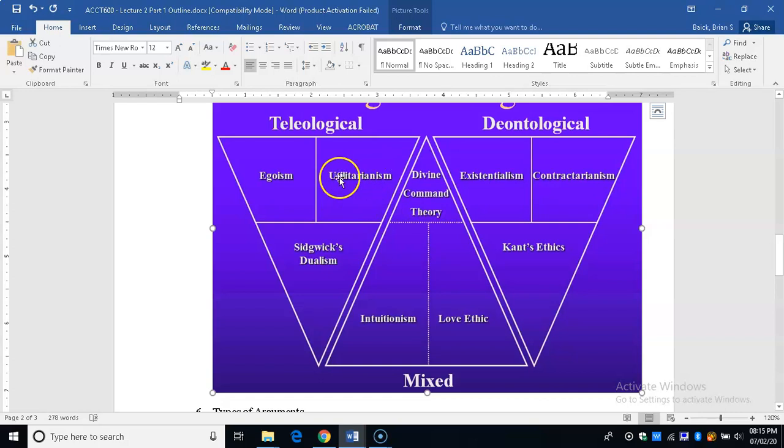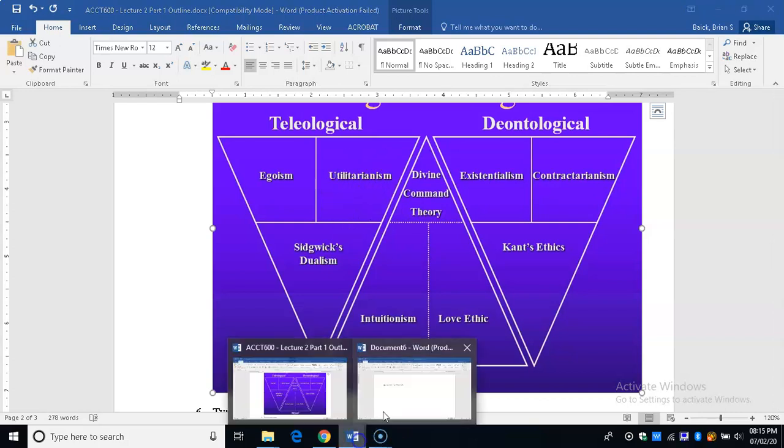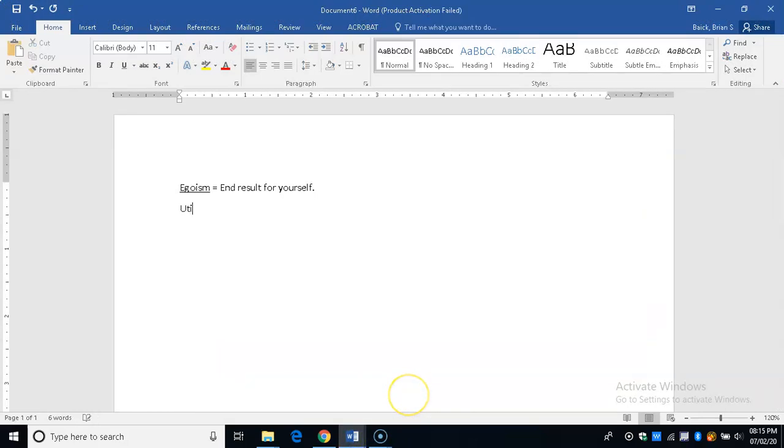Let's talk about utilitarianism. Utilitarianism, remember, is about everyone else. So utilitarianism is where you want the best result for everyone else.